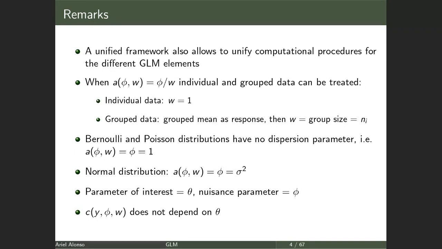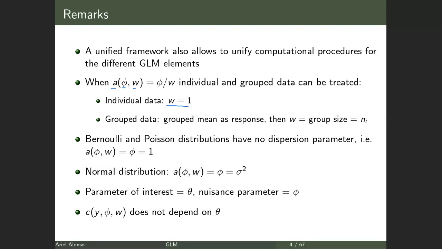As I said before, we are going to frequently consider this as a function that depends on psi and w. This psi is what we call the dispersion parameter, and w is typically a weight. For instance, if you're dealing with individual data, like Bernoulli data, then typically w is equal to 1.